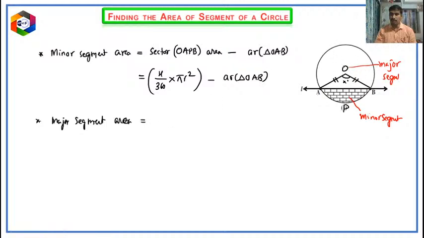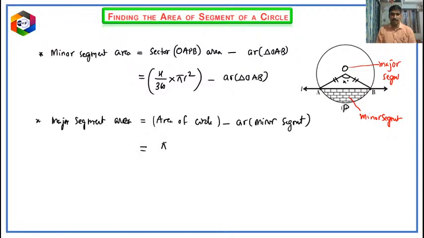The main idea is we calculate the area of the circle minus the area of the minor segment. So from the total area of the circle, if you subtract the minor segment area, you will get the major segment area.